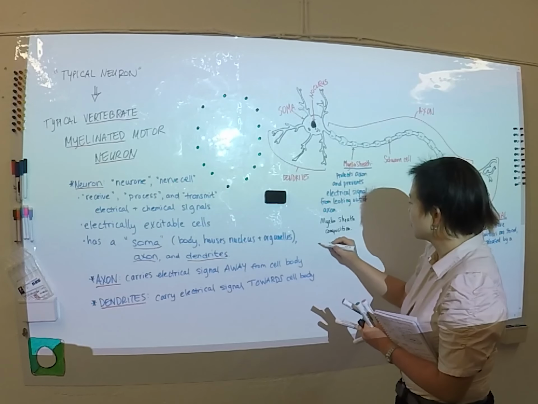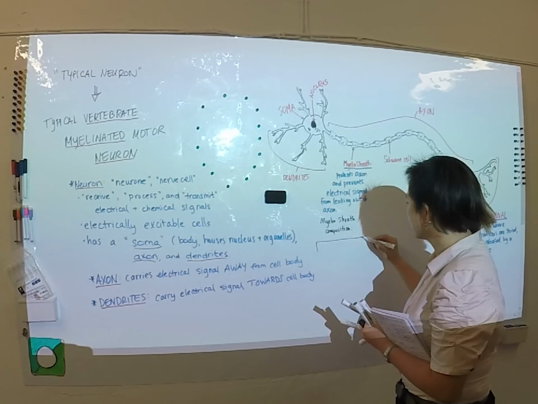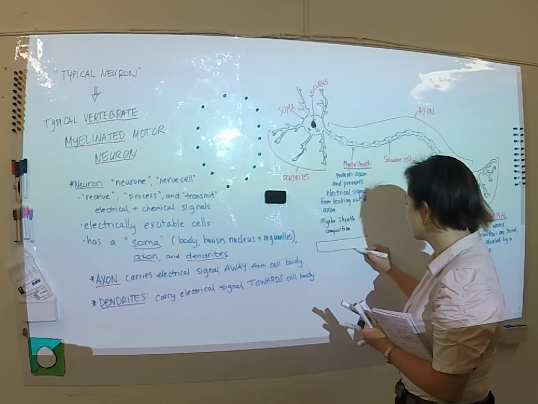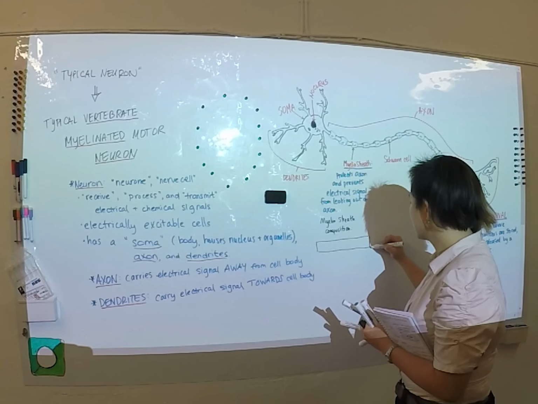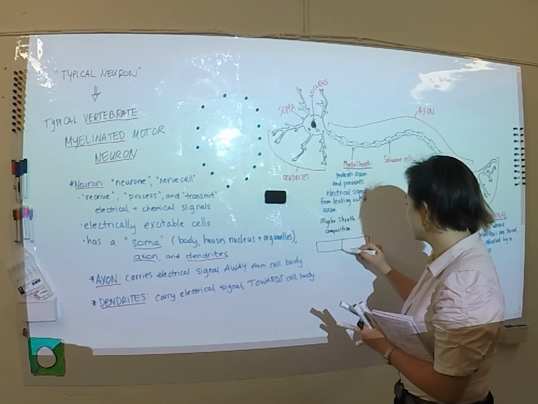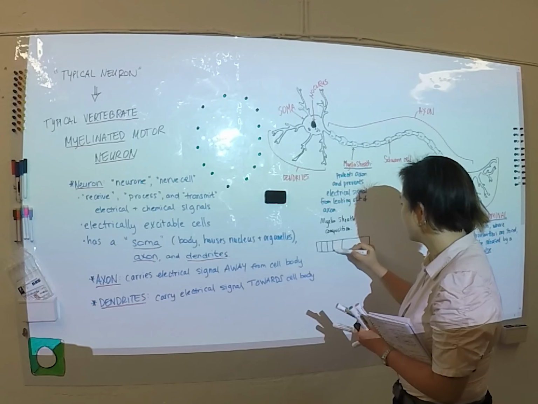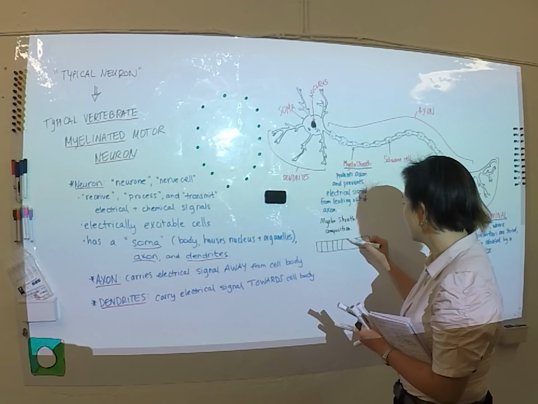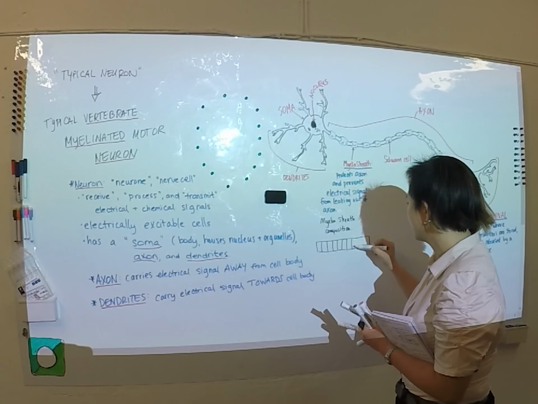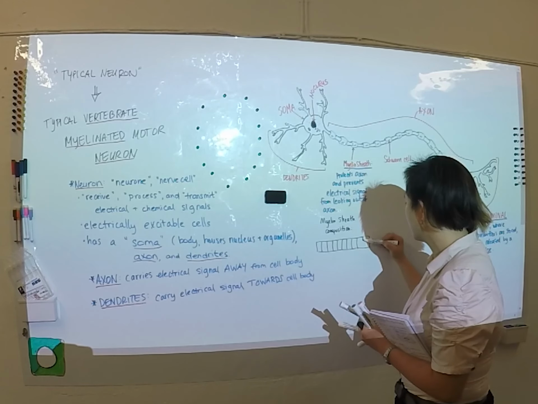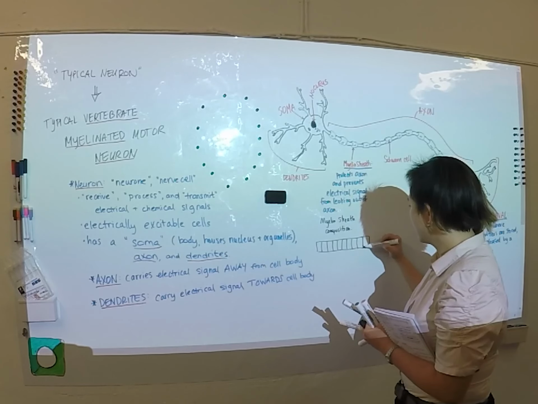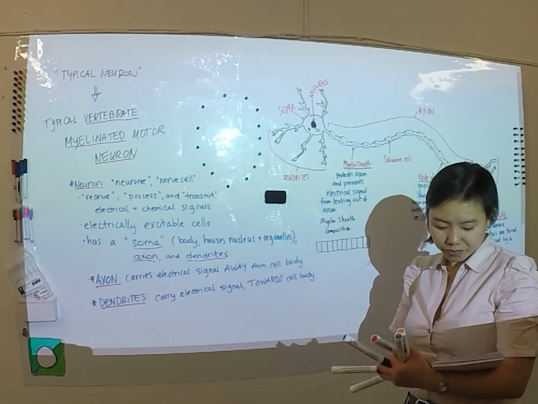Okay, so I'm going to draw 10 boxes. The middle is 5, so then 1, 2, 3, 4. 1, 2, 3, 4.